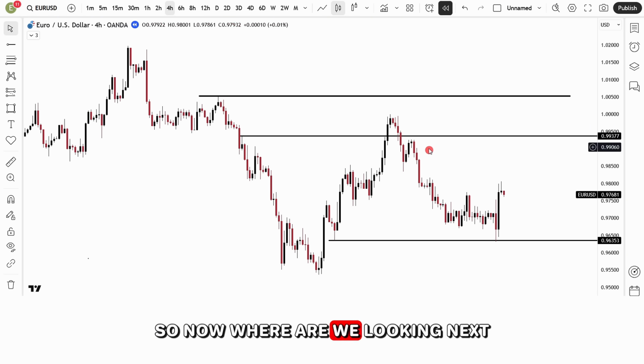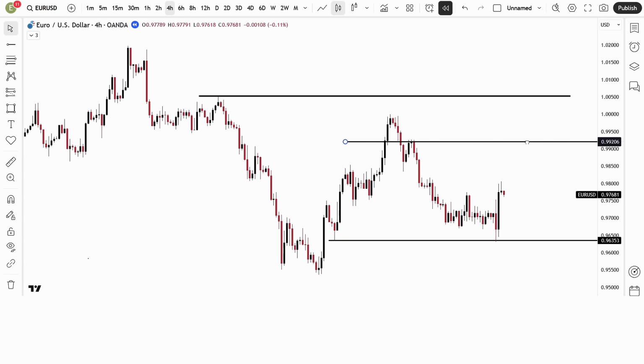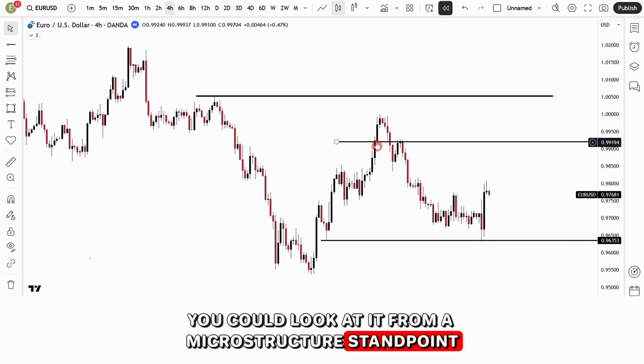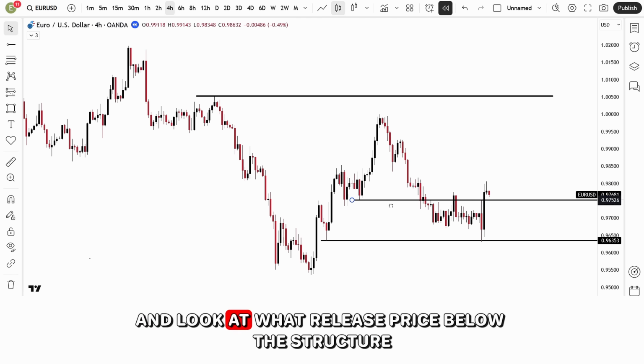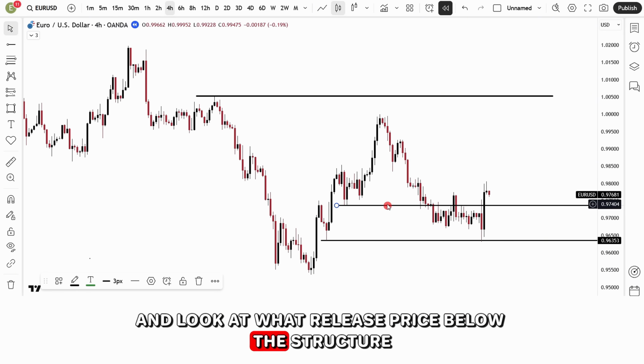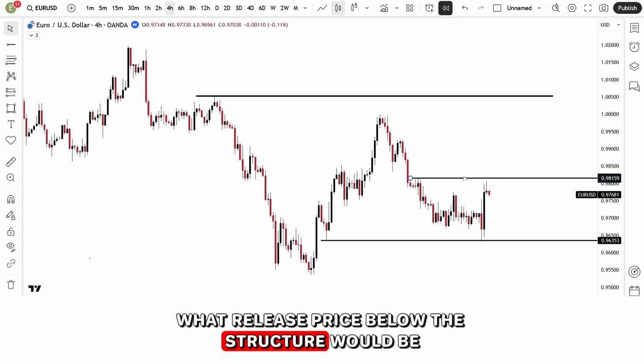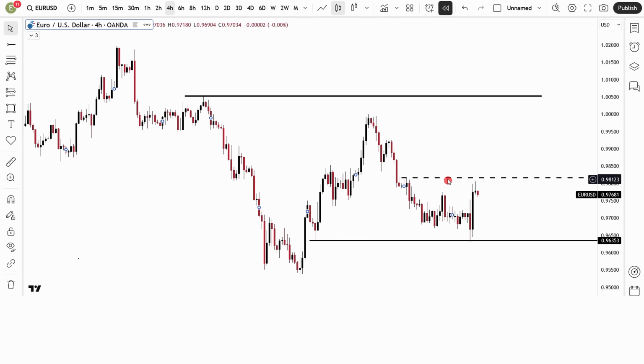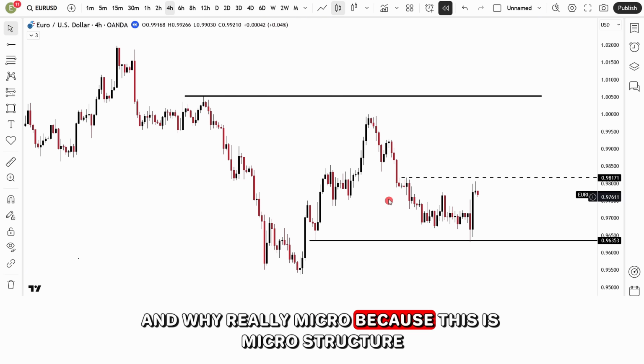So now where are we looking next? You could look at it from a micro structure standpoint and look at what released price below the structure. What released price below the structure would be this right here. So you could get a really micro sweep. And why really micro? Because this is microstructure.